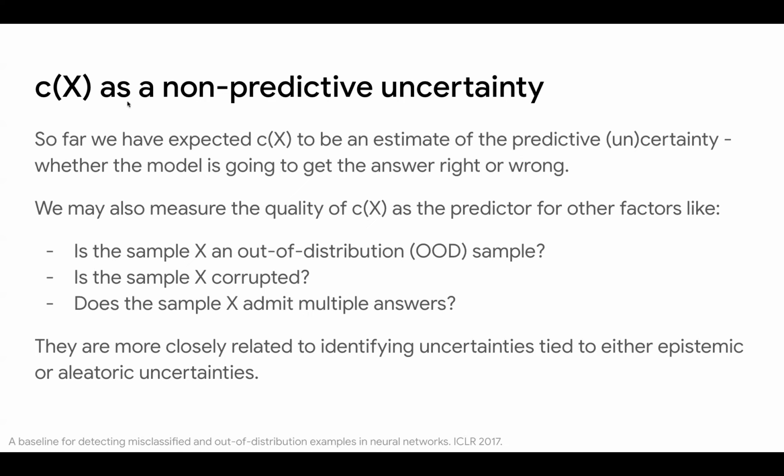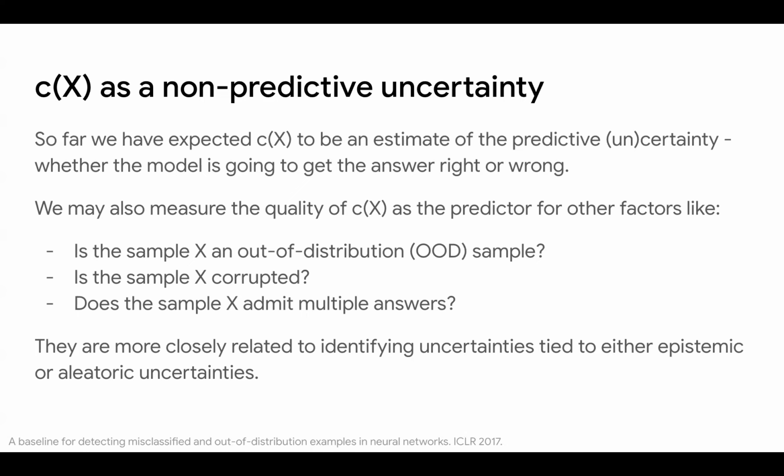But now we're going to look at C of X from a different angle, as a non-predictive uncertainty. What are possible types? You can think of C of X as a predictor for, for example, whether the sample is from out of distribution or not.